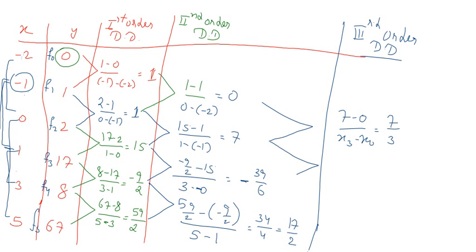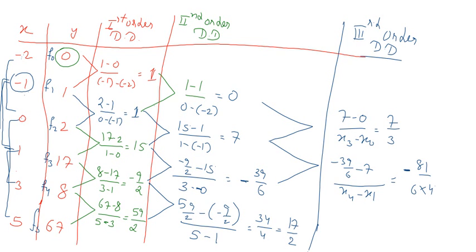Now for the next, minus 39 by 6 minus 7 divided by, now x1, x2, x3, x4. So x1 to x4, you have x4 minus x1. You are skipping 2. So that is equals to minus 81 by 6 divided by x4 minus x1, that is 3 minus minus 1, that is 4.